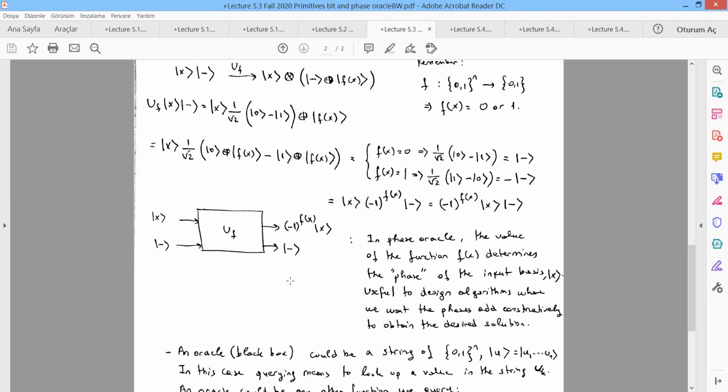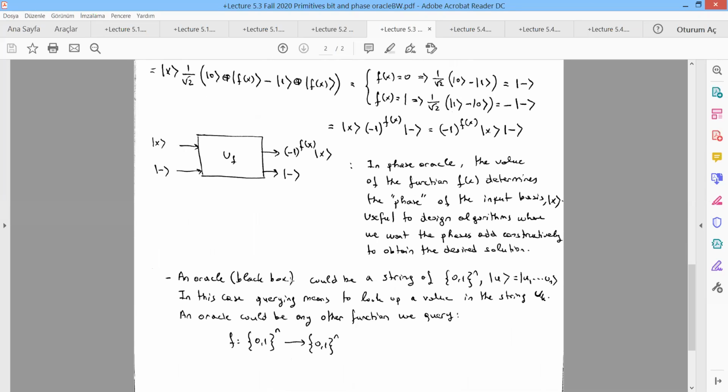But these two oracles, black box models of the bit oracle and the phase oracle, will be very important constructs in many of the algorithms that we are going to discuss. And just like the Fourier sampling primitive, it's very important to understand how the bit oracle and phase oracle primitives work.